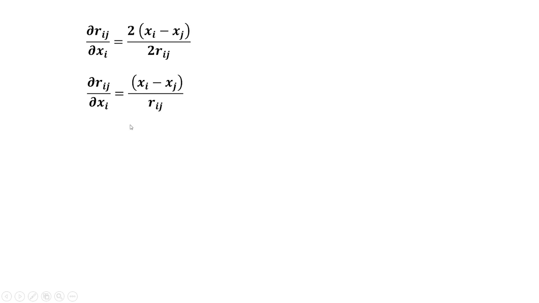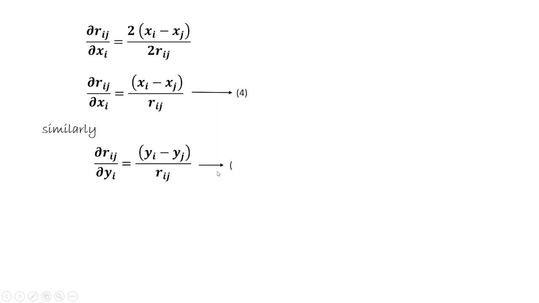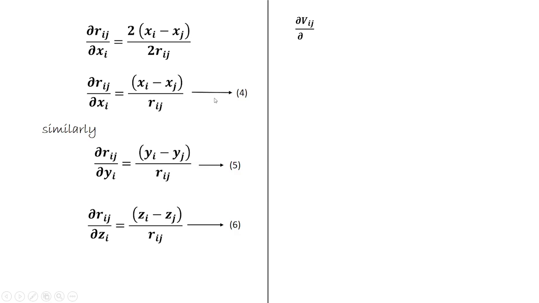Similarly, if you differentiate with respect to y, you will get this one. This is equation number 5. And similarly, if you differentiate with respect to z, you'll get this one. This is equation number 5. Then rearrange these equations in terms of potential energies.